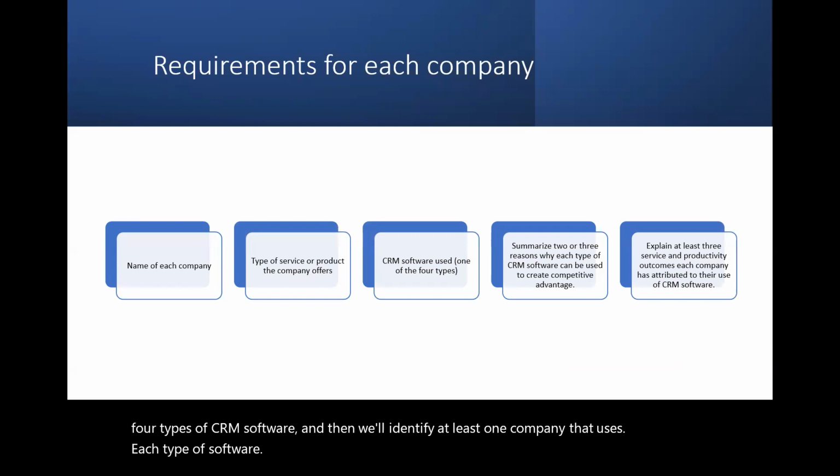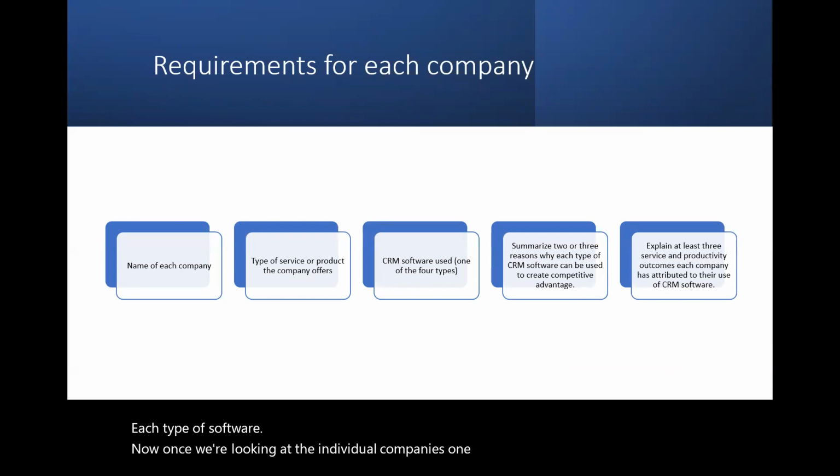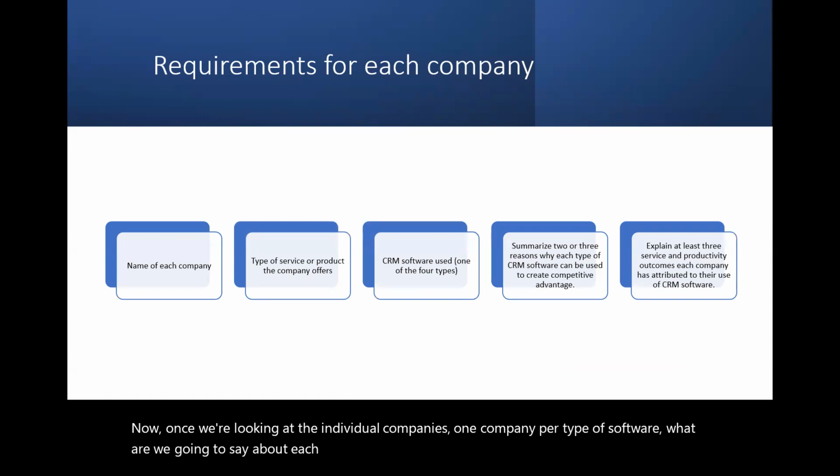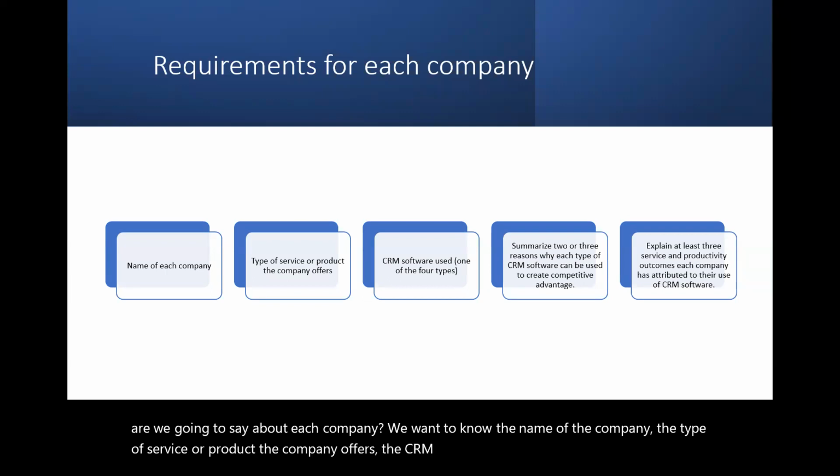Now, once we're looking at the individual companies, one company per type of software, what are we going to say about each company? We want to know the name of the company, the type of service or product the company offers, the CRM software used, again, one of the 4 types.